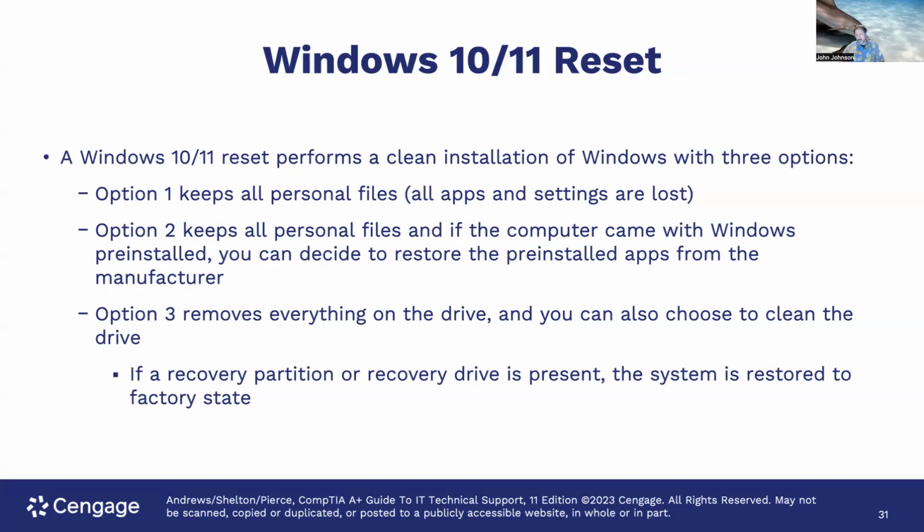Often this is bloatware and people don't want that, so a lot of times you just say, no, I don't think I will. Option 3 is going to remove everything on the drive, and you can also choose to clean the drive. If a recovery partition or a recovery drive is present, the system is restored to the factory state. So obviously this is one of the most intrusive things that you can do.